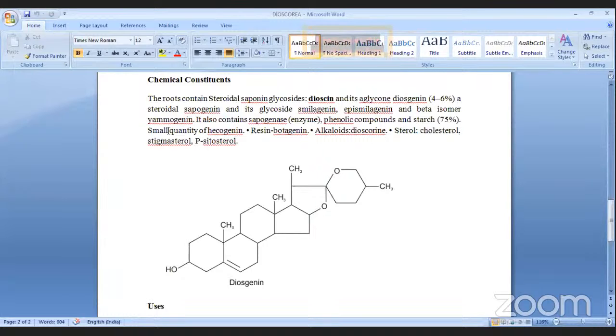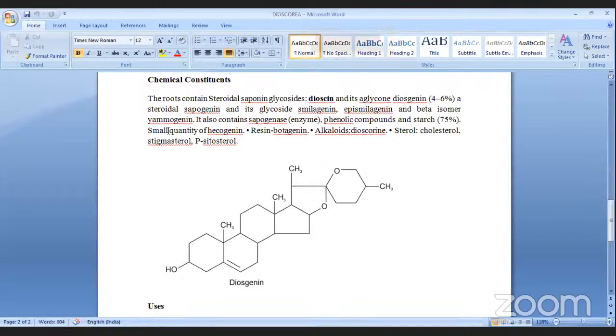Next, the sapogenin part is diosgenin, and apart from it, it also contains other steroidal sapogenins and their glycosides, such as smilagenin, and also it contains yamogenin.